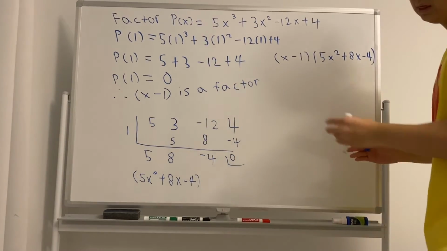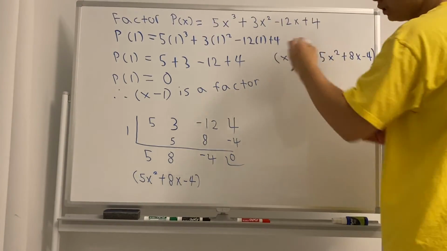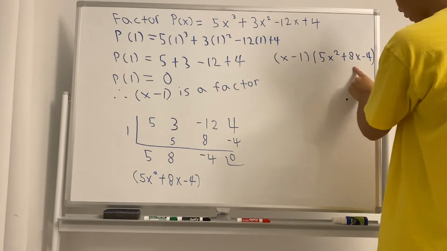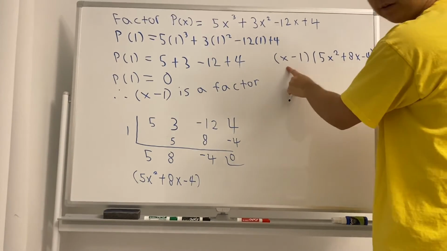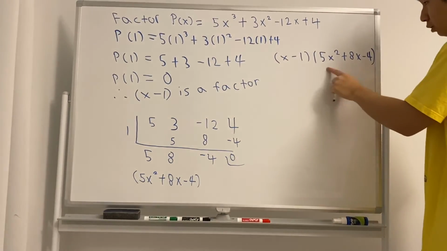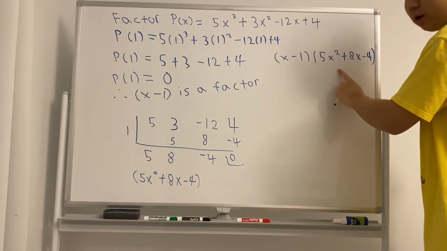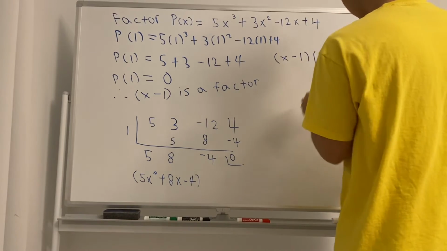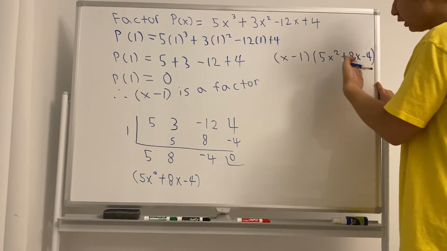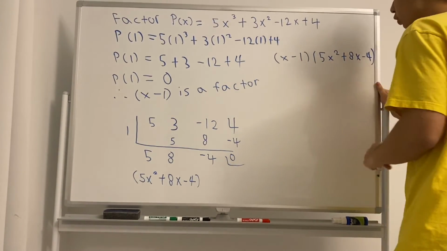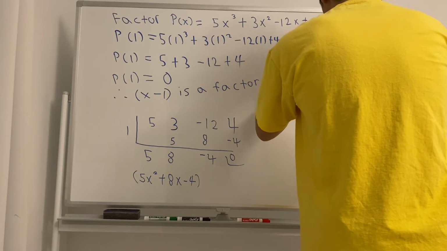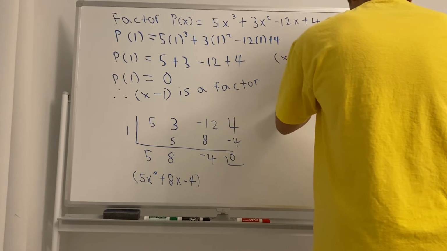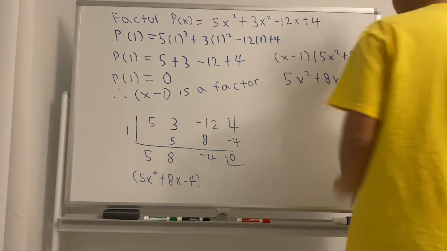Okay, so this whole thing, we've factored to this. So this is already factored, but this polynomial here can still be factored. I'm going to treat this as if the other factor wasn't here. So we're going to say 5x squared plus 8x minus 4.